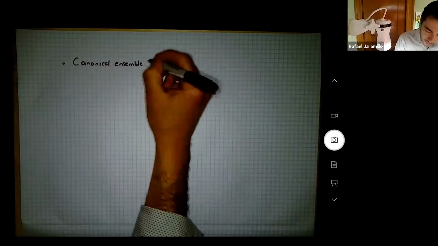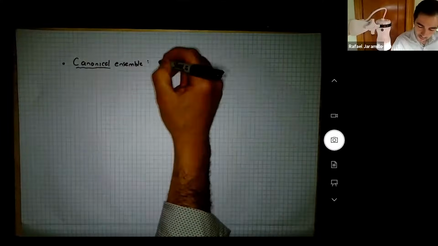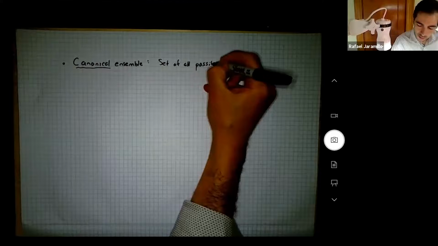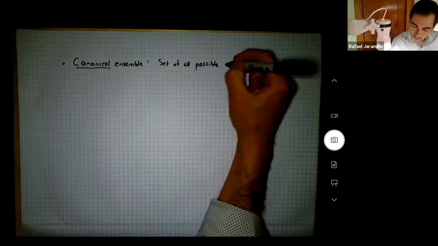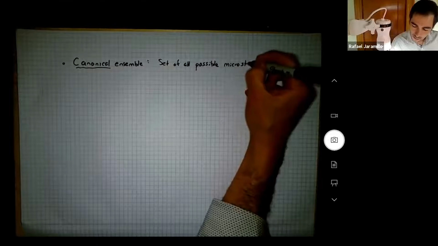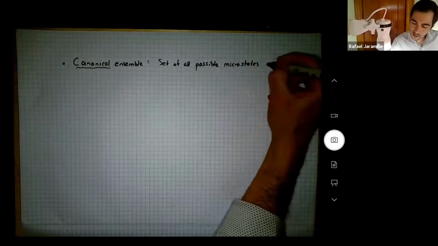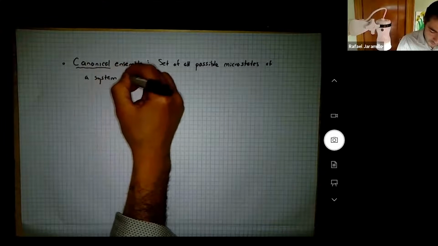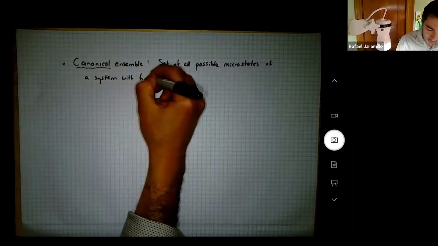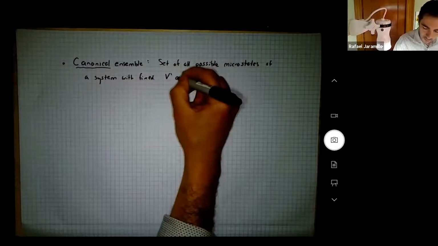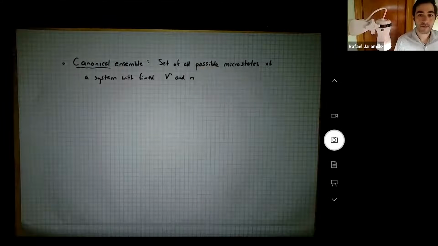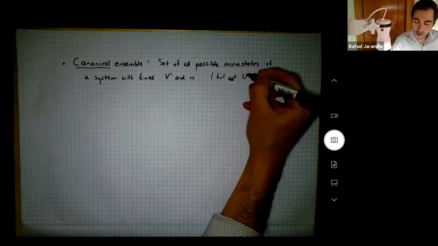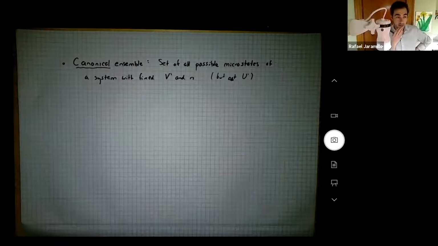A canonical ensemble is the set of all possible microstates of a system with fixed volume and N, but not energy. So now we're allowing the system to exchange energy.